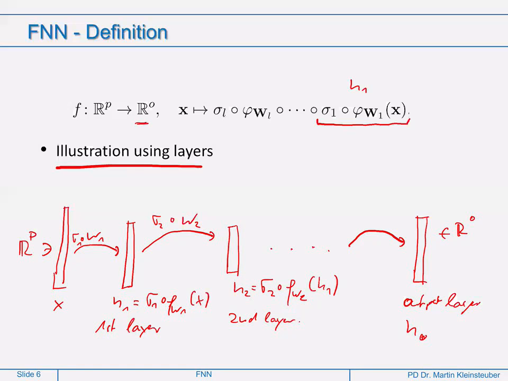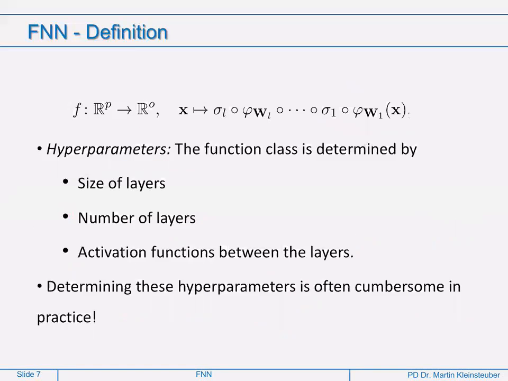So which size do we have here in between? The size here, and the size there. The size of the layers, the number of the layers. So how many layers do I want to train? And the activation functions between the layers. All this has to be determined beforehand. And once this is determined, this is the function class you look at.